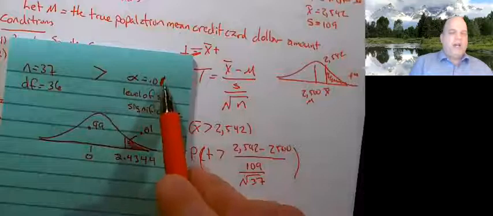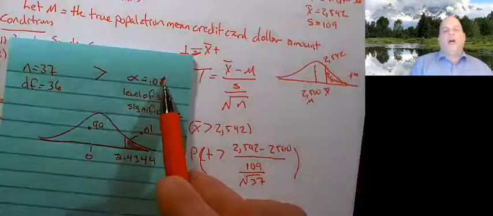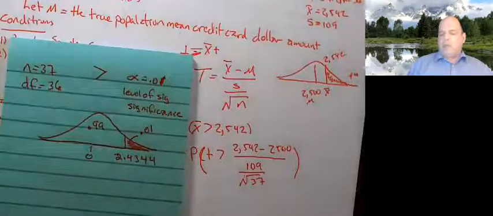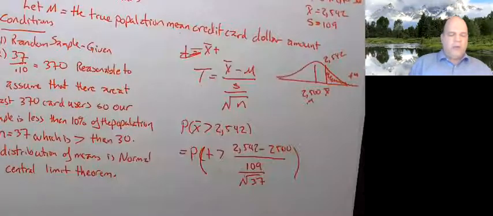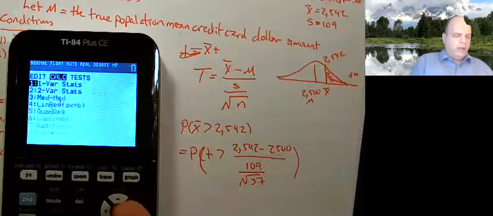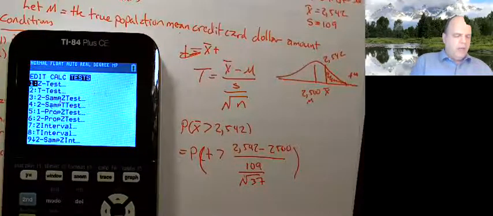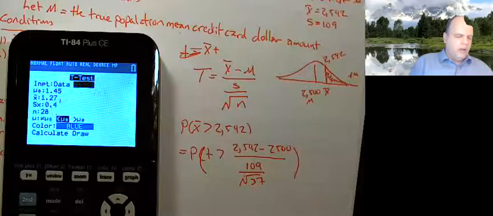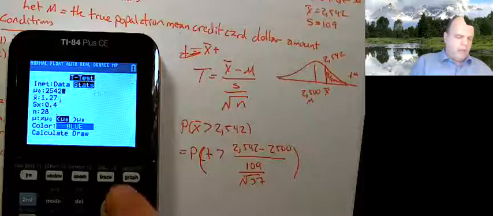So if when I run this, my test statistic is greater than 2.4344, I reject. If my p-value is less than 0.01, I reject. And those things should happen simultaneously. They should occur at the same time. So let's go ahead and run this and make those comparisons. So stat test, and we're looking at a t-test. Excuse me, the population mean is 2,500.